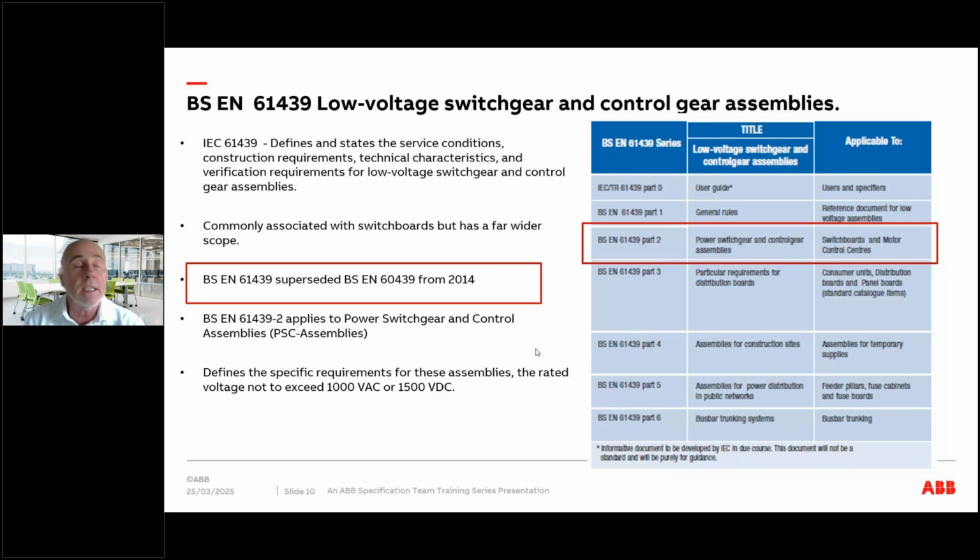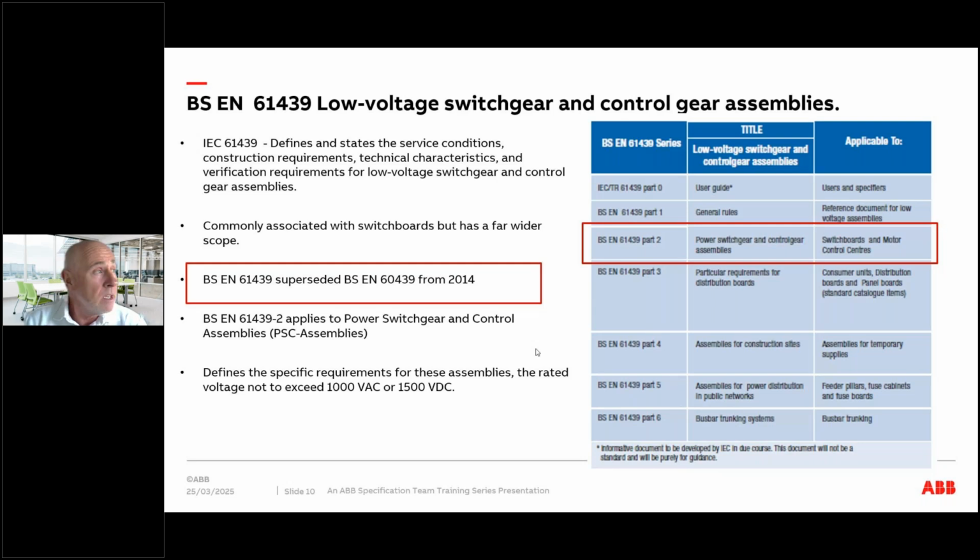Now, we talk about life safety, so a lot of the transfer switches come in an enclosed assembly, in an enclosure with ancillary components. In essence, that unit should also be designed in accordance with 61439, as switchboards are.